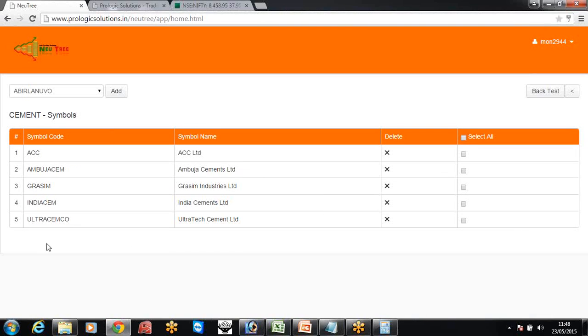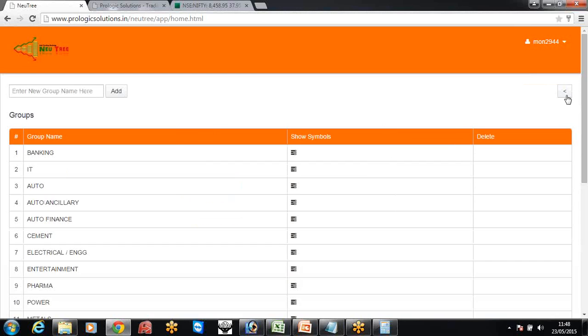Now I can add DLF also in this because without cement there is no DLF. They will have to keep constructing. I can add DLF here, but the correlation will not be 70%. So the number of trades will be more, but the correlation for a particular trade will be less. So instead of having DLF here, I rather have DLF in my real estate group.